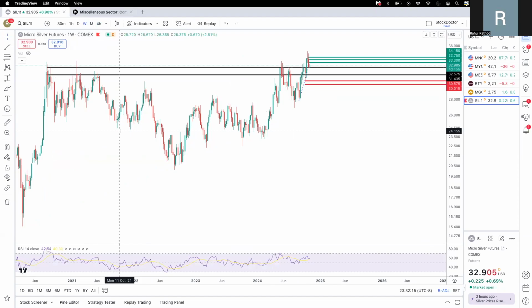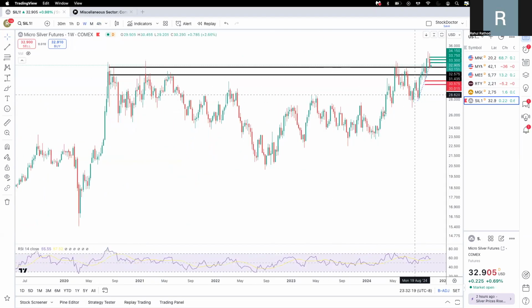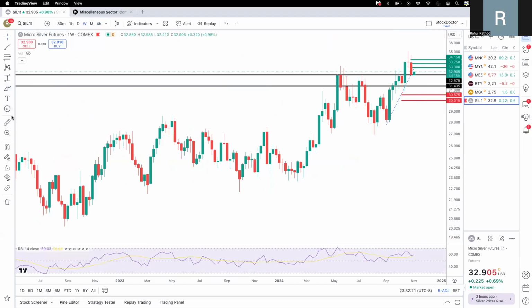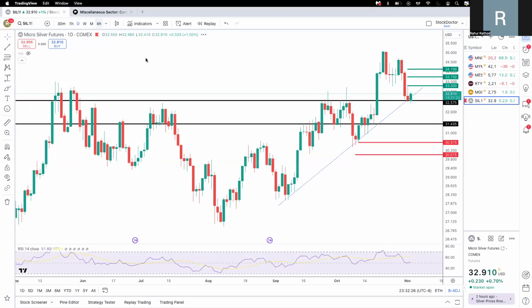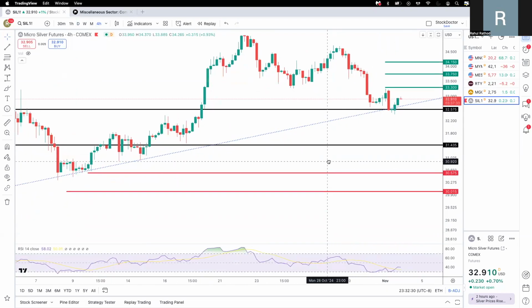I just want to show you, this is the weekly chart. Here it has given a solid breakout. So I don't think it will come down, but if it comes down below 31.40, definitely it can show these two levels, and at that time it would also be a good entry point for long-term investment.